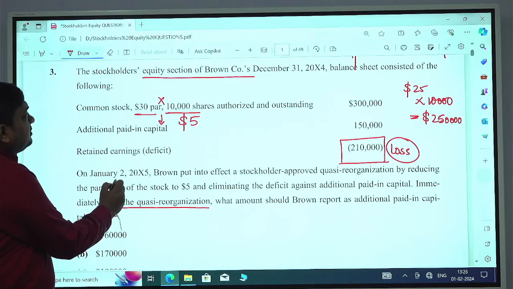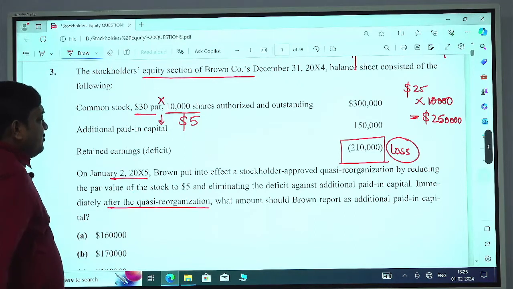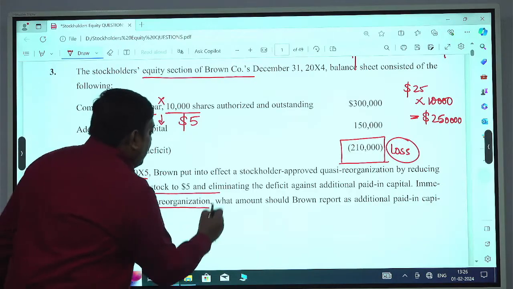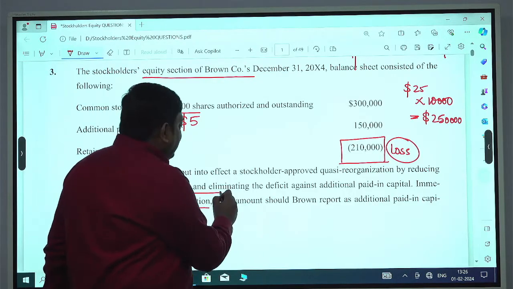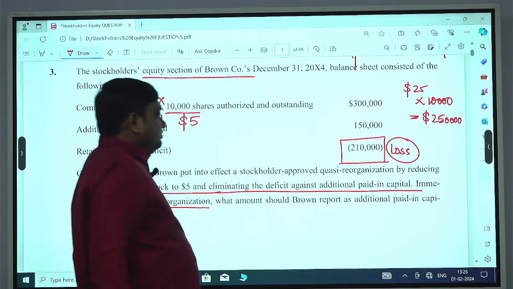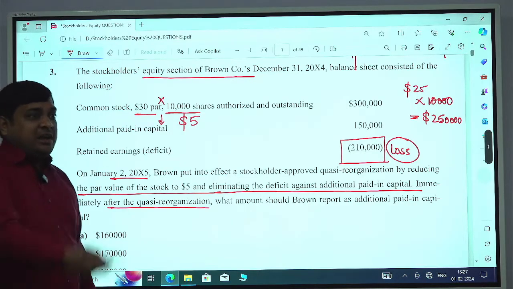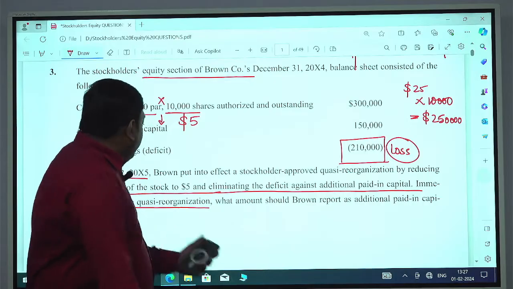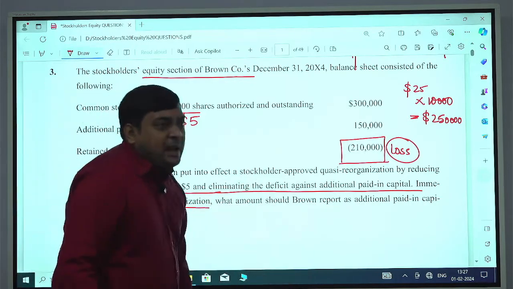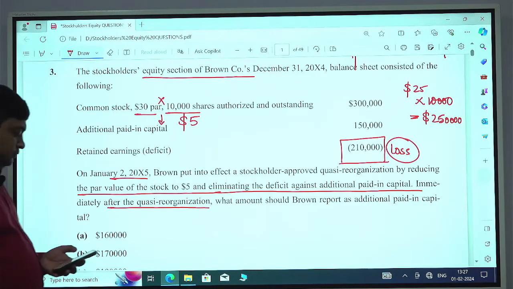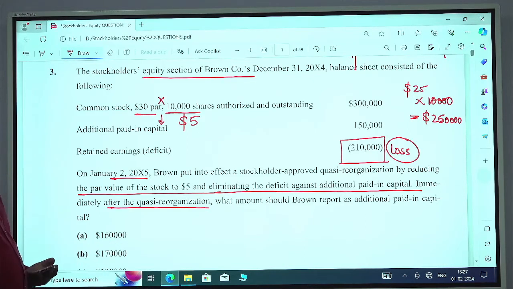January X5, by reducing the par value to $5 and eliminating the deficit, immediately after reorganization, what is your revised additional paid in capital, they are asking you.